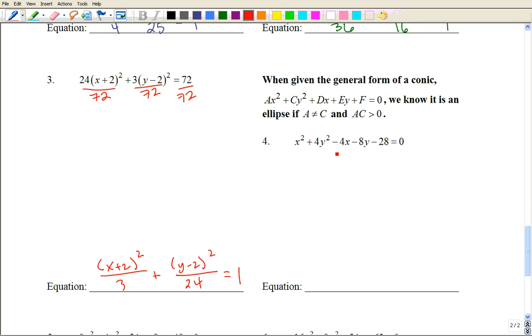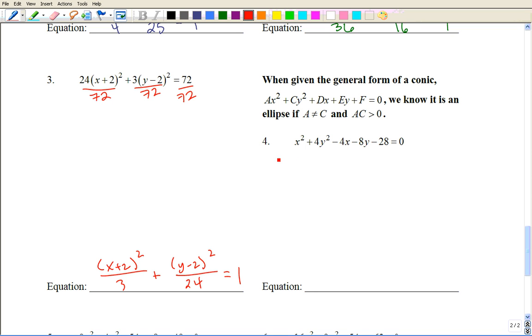So what we're going to do is, looking across here, I'm going to refer back to this crazy looking polynomial we've got up here. We know it's an ellipse if a does not equal c. The coefficient in front of the x squared and in front of the y squared are not the same, and a times c is greater than 0. So the coefficients when multiplied together are still positive.